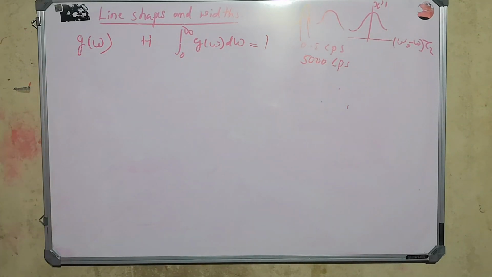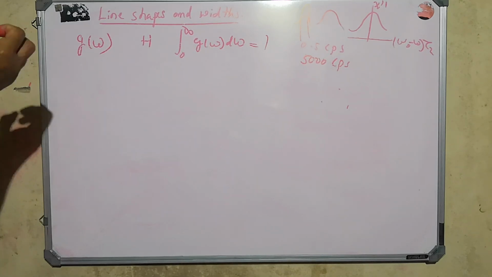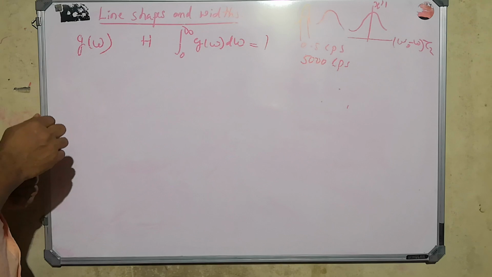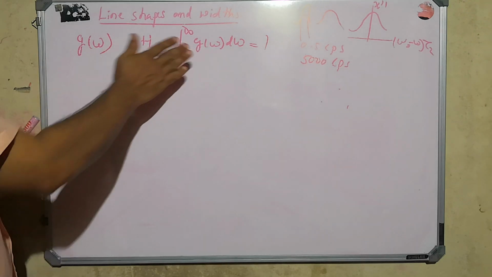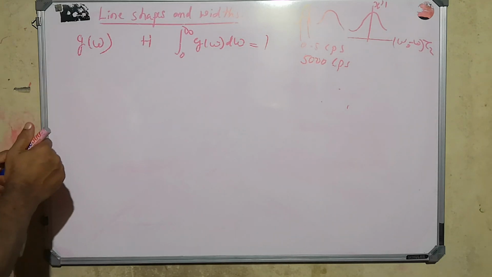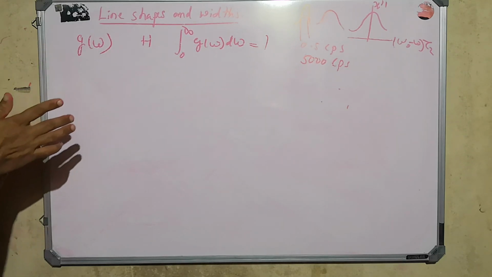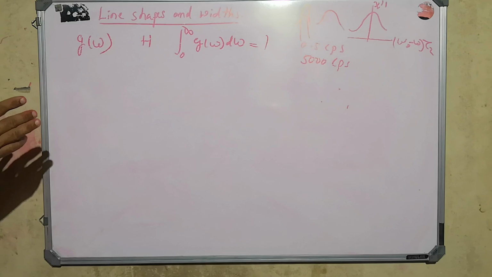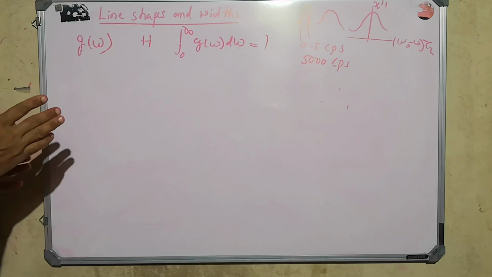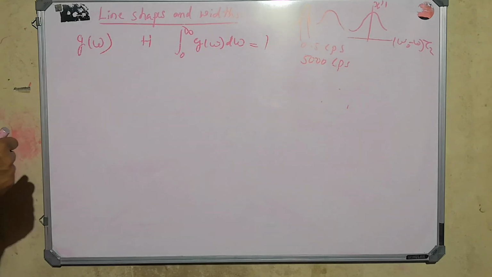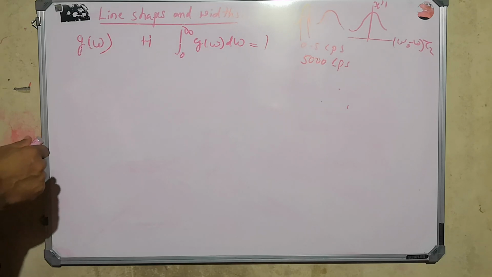This condition is satisfied by the function we have selected in order to explain the line shapes and widths. So that is equal to 1. Now, in order to understand the line shapes in liquids and gases, Lorentz proposed a model.